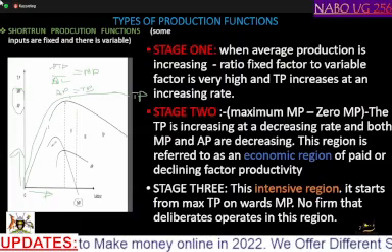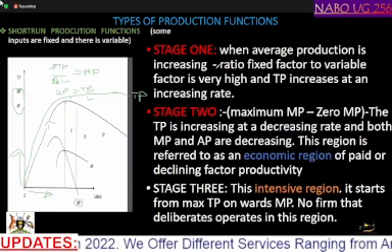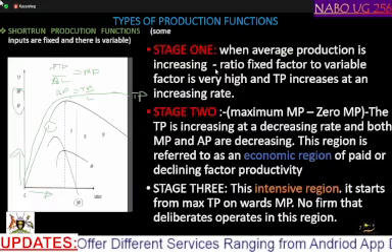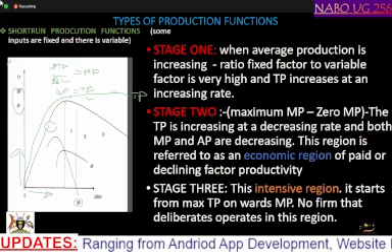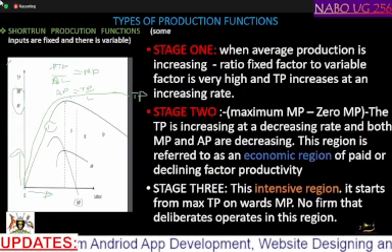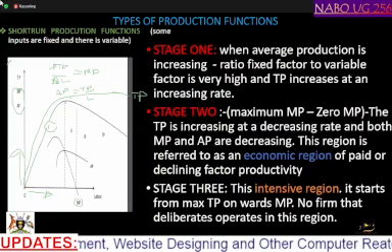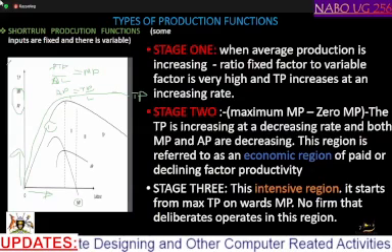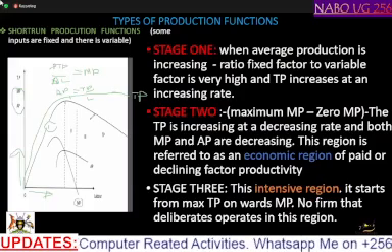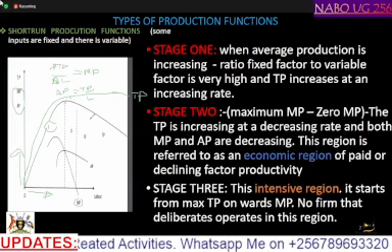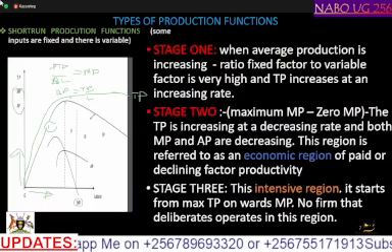So we are saying it has 3 stages. Stage 1 is whereby your output will be increasing at an increasing rate, because of more and less of the variable factor.